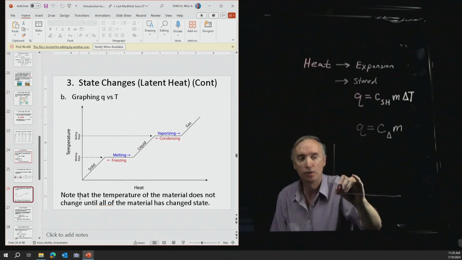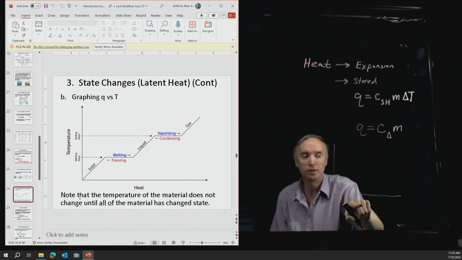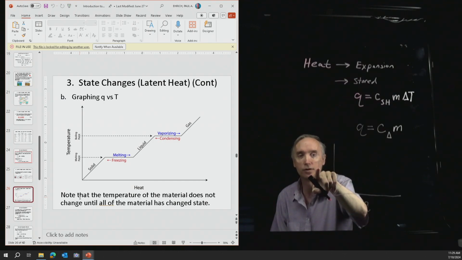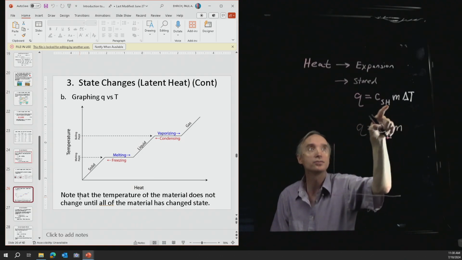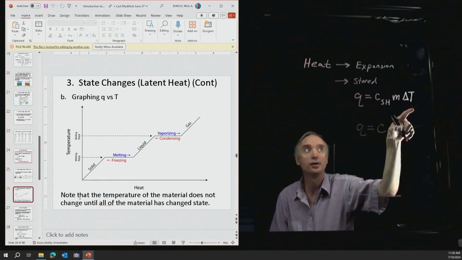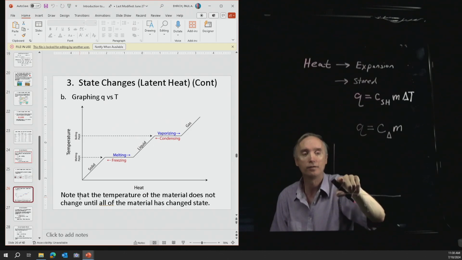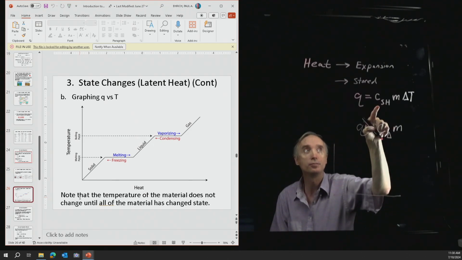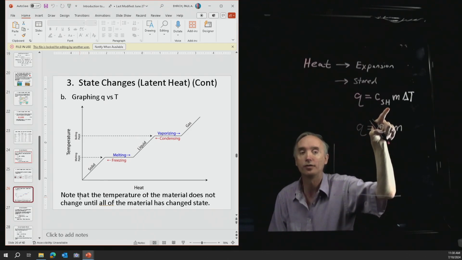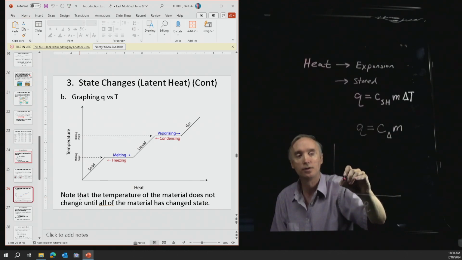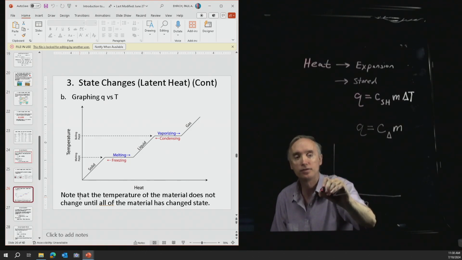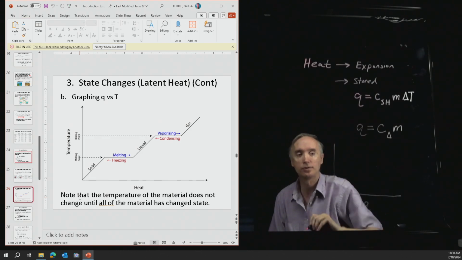Okay, and so we are going to get this kind of a slope where the more heat we add, the temperature goes up. This part of the graph is given by this formula right here. You've got the mass of whatever object it is multiplied by the specific heat of that object, and then the change in its temperature.